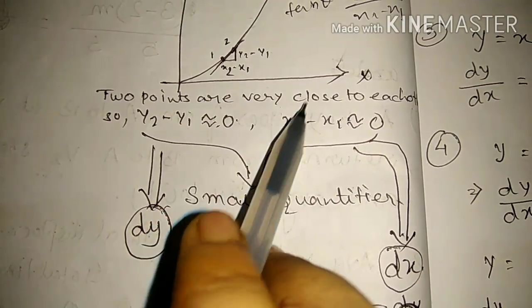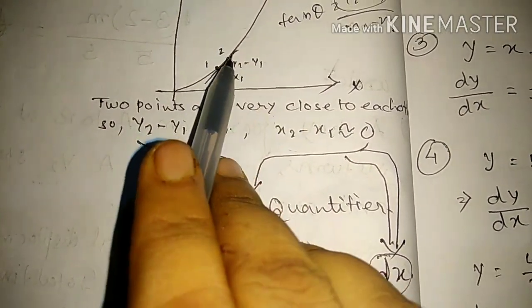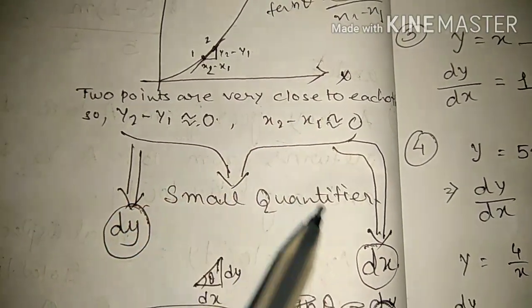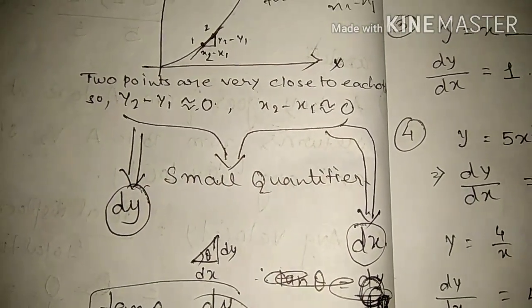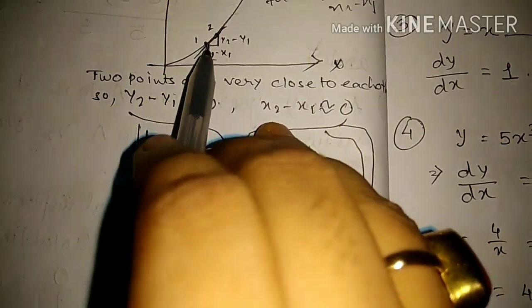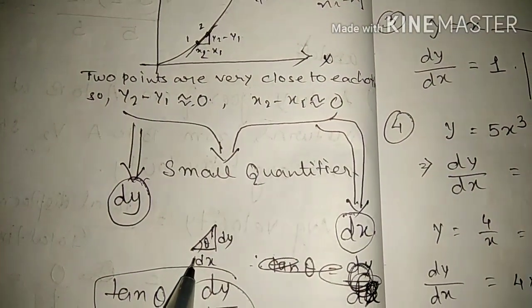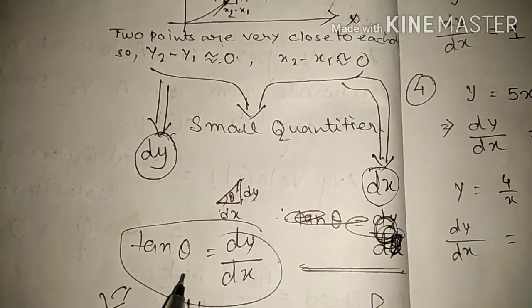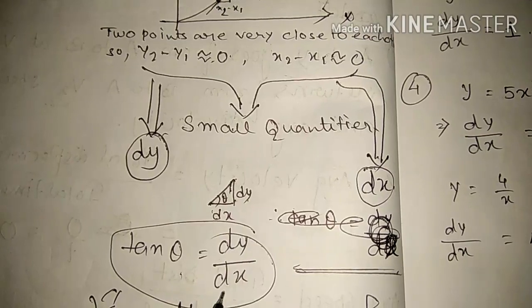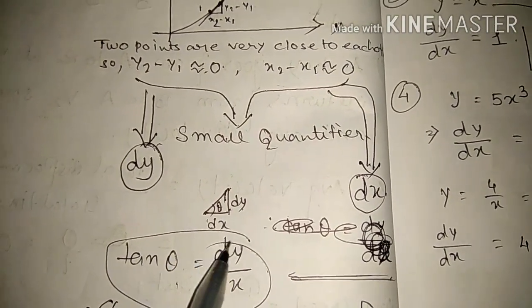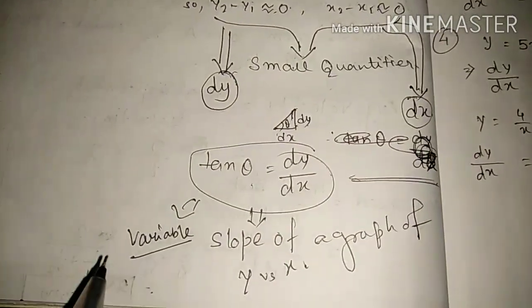If you write t2 minus t1, and these 2 points are very close to each other, then that t2 minus t1 we can write as dt. So now we can easily find the slope. In place of x2 minus x1 we write dx, and in place of y2 minus y1 we write dy. So tan theta equals dy by dx. So tan theta or slope equals dy by dx.